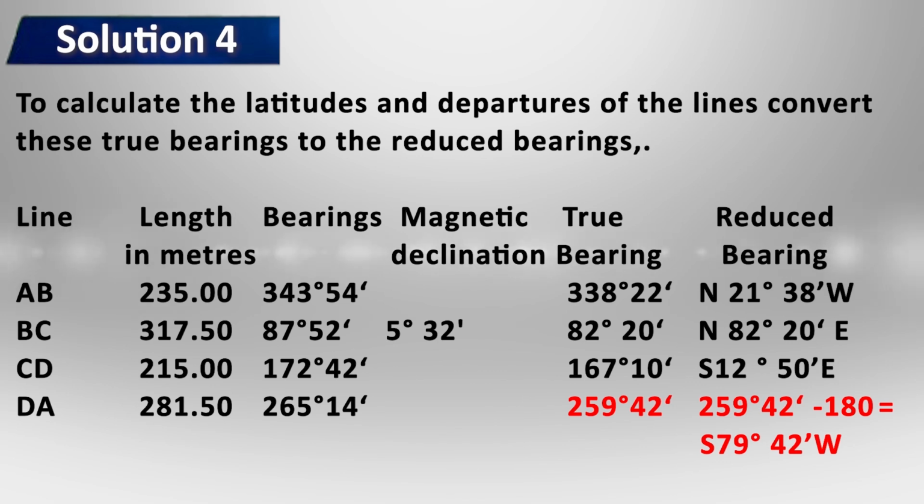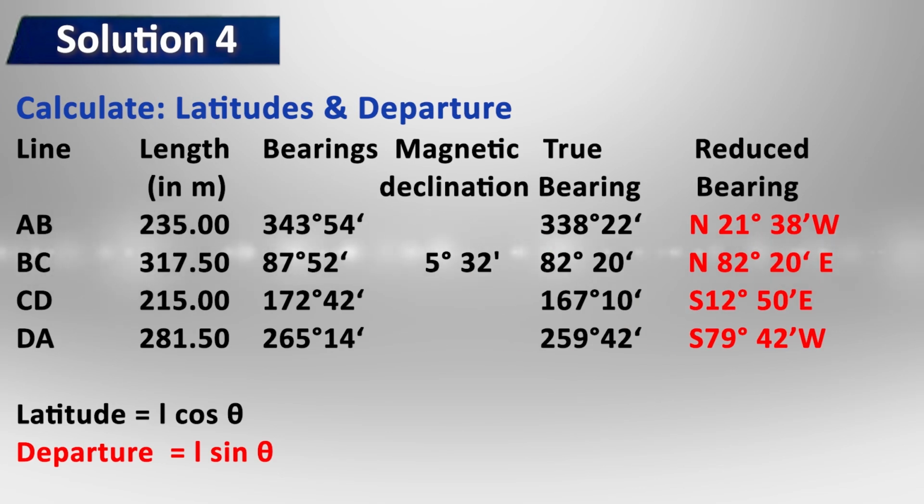So to get the value from south, we have to subtract 180 degree from the whole circle bearing. The reduced bearing of line DA would be 259 degree 42 minutes minus 180, that is equal to south 79 degree 42 minutes west. The latitude is equal to L cos theta and departure is equal to L sin theta.